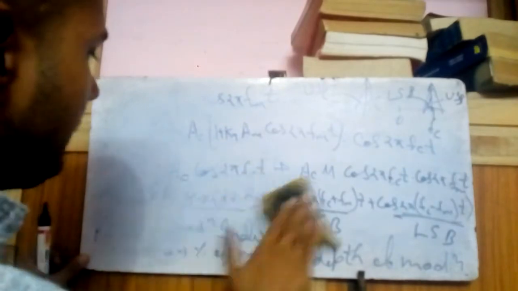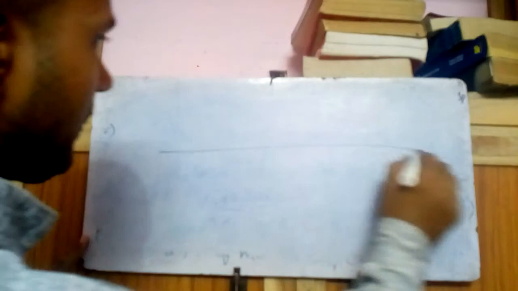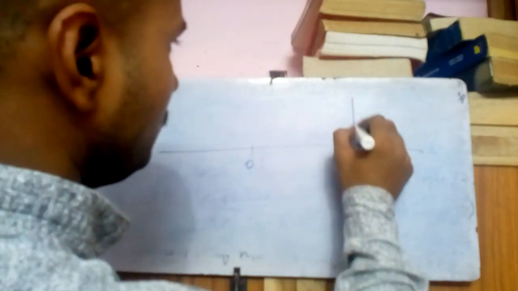So let's see the spectrum of a single-tone amplitude modulated signal. What is the spectrum? Cos in the frequency domain has an impulse, so all three components are cosine, sinusoidal signals.